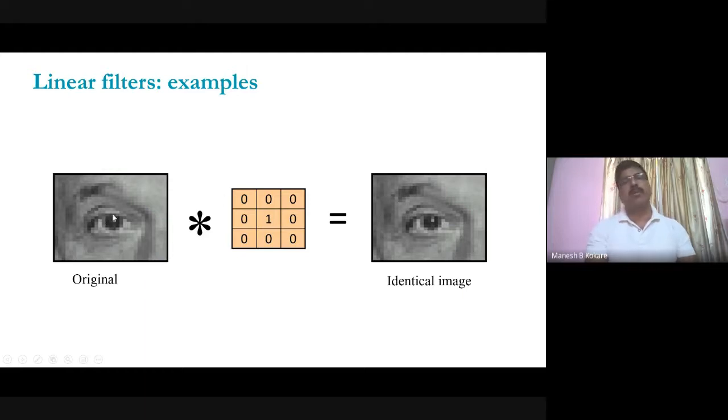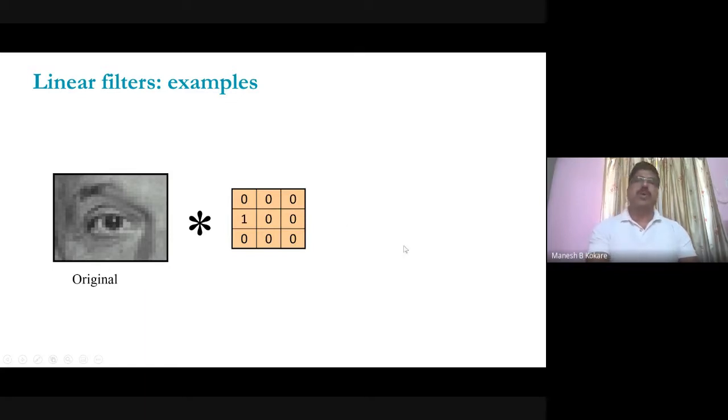So whatever pixel value is there, that will come as the coefficient in the output. Basically, if your mask is like this, your output will be just like the original image. Now, for example, your mask is like this, 1 is here, and the rest of the pixels are 0.